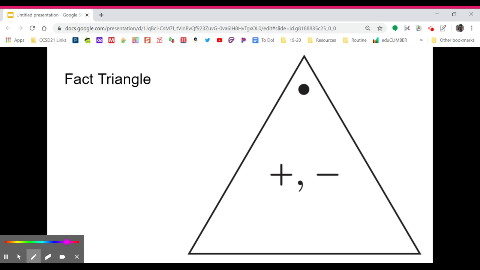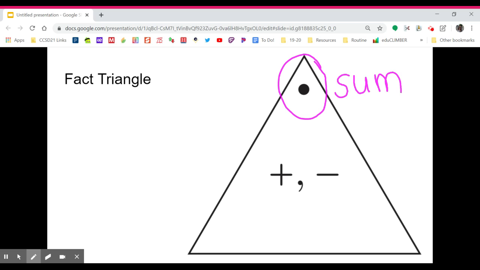You'll notice that there is a dot at the top of the fact triangle. The top of the fact triangle, where the dot is, is always for the sum. And then the bottom 2 numbers that you'll see in the bottom 2 corners of the fact triangle will be our addends.